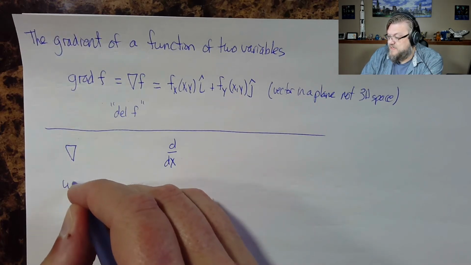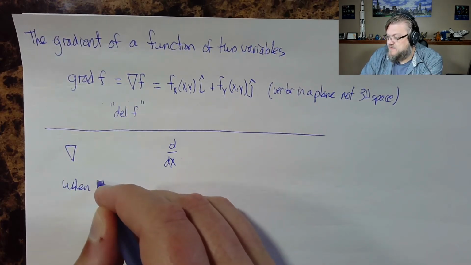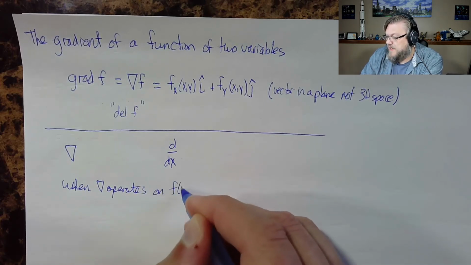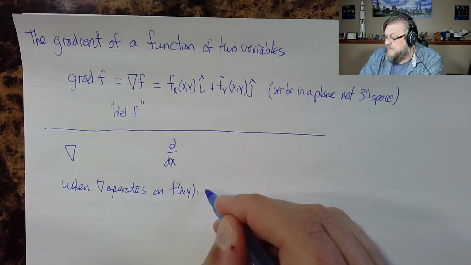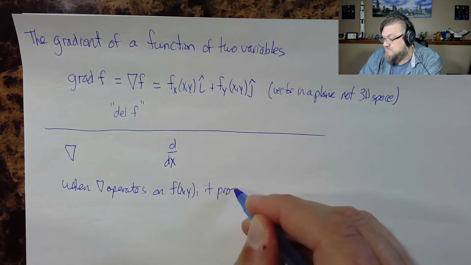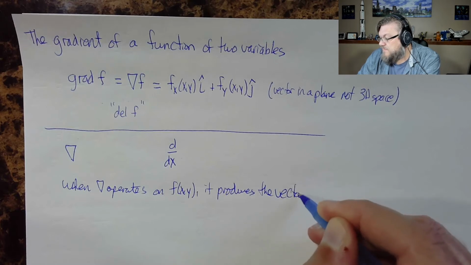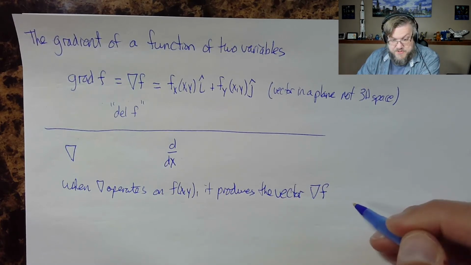So we can say when del operates on f(x,y), it produces the vector del f, in other words, the gradient.